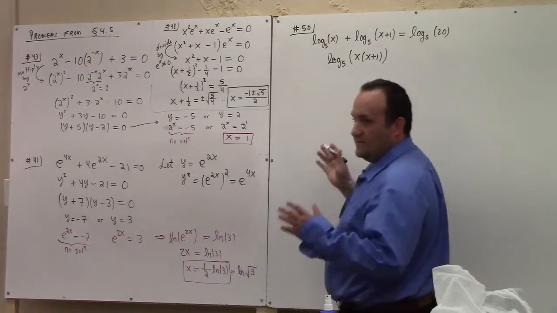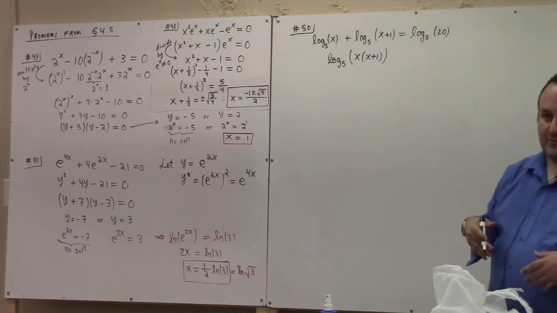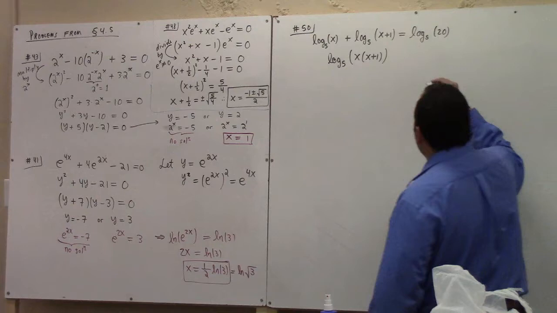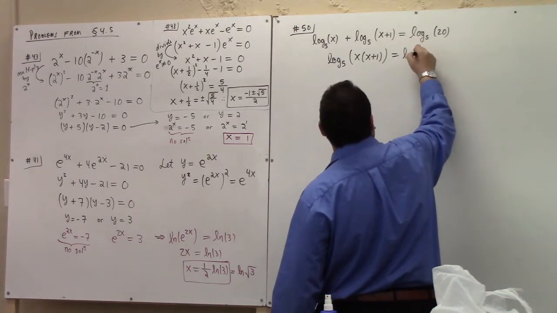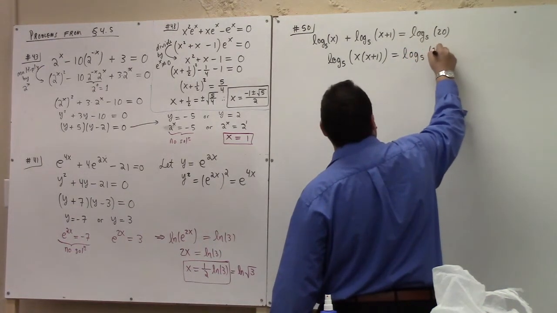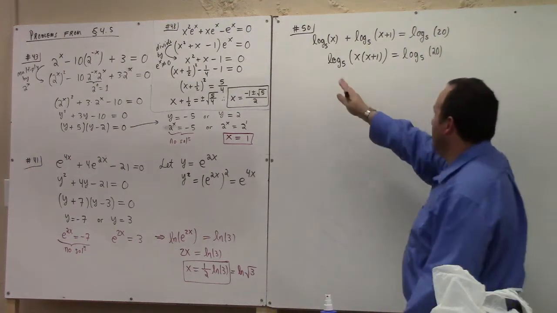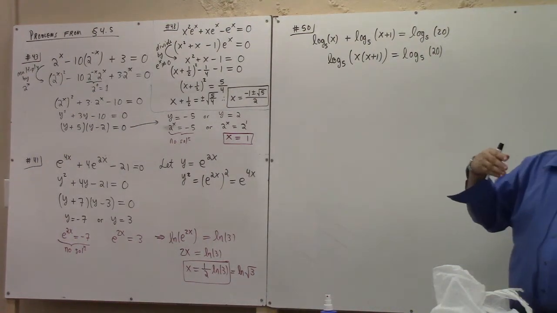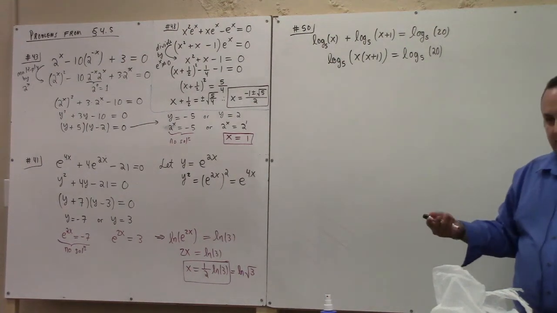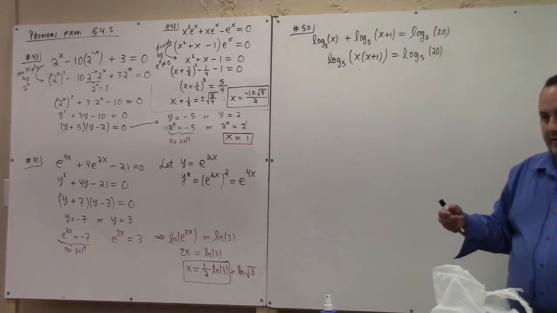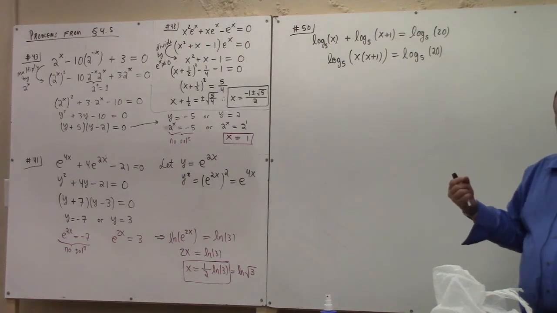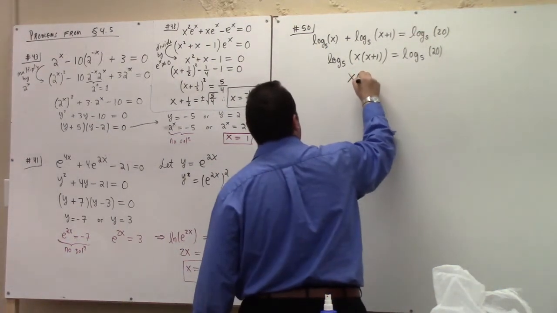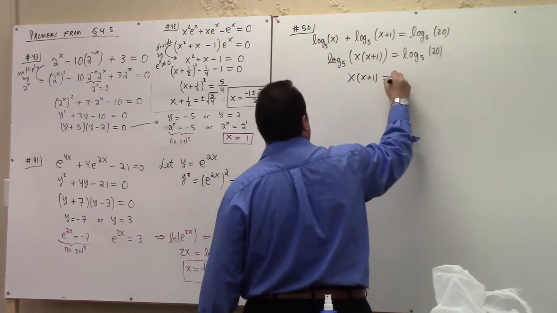So we're using that the sum of logs is the log of the product property, right? Now that's equal to log base 5 of 20. And so now you've got log base 5 of something equals log base 5 of something else. At this point, we can appeal to the one-to-one property of the logarithm and conclude that the arguments are equal. So by one-to-one property, x times x plus 1 equals 20.